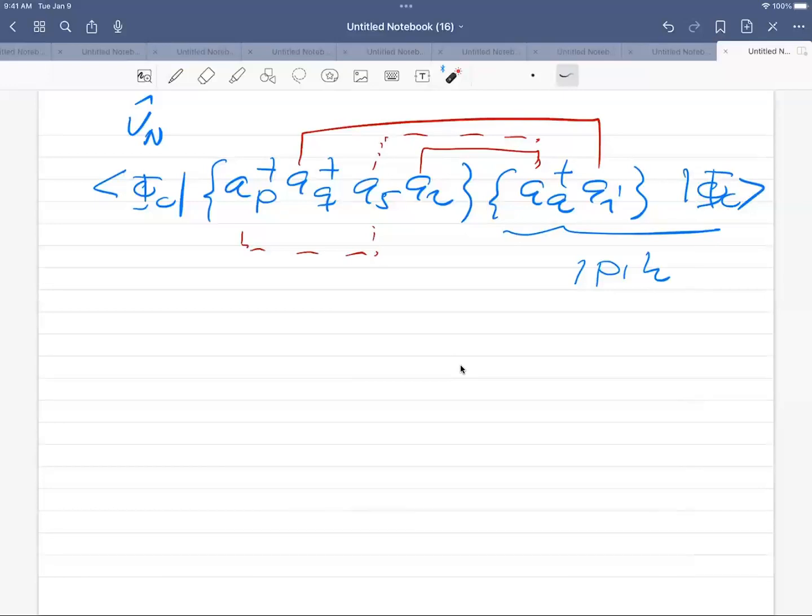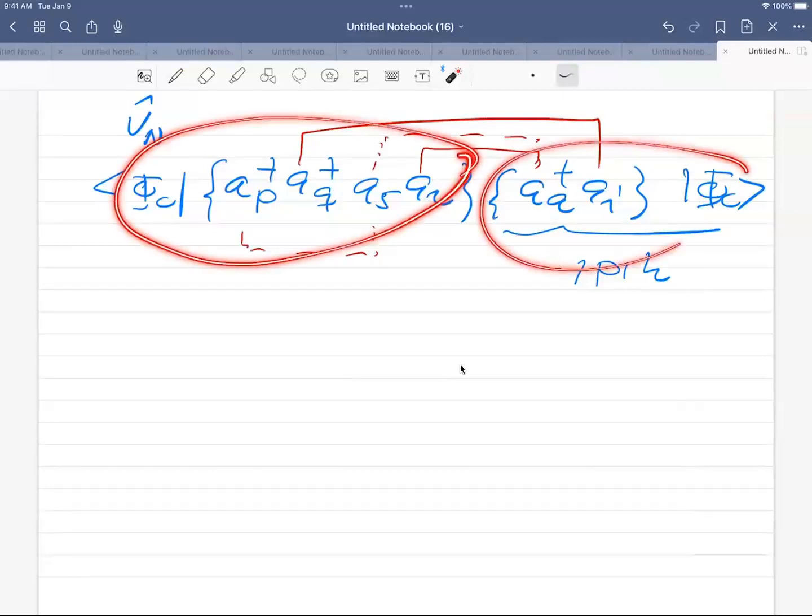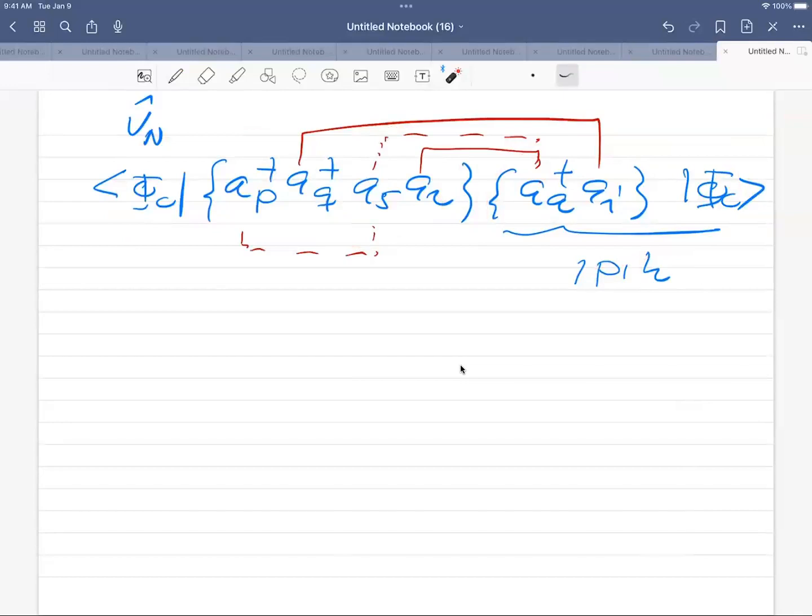Does that sound reasonable? So you can actually look at this term and say that this has to be 0 without running any calculations, because this creates a two particle, two hole state, and this is a one particle, one hole state. That's one way of simplifying life and the amount of calculations which we need.